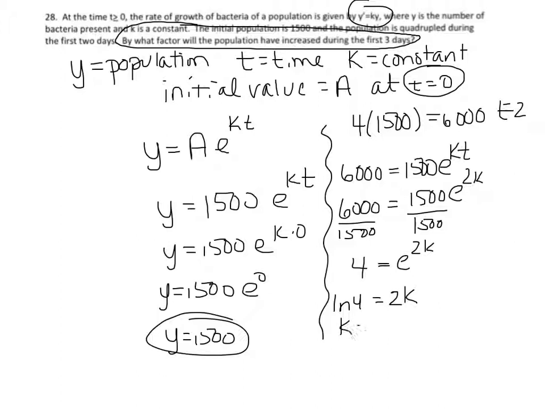And k is going to equal natural log of 4 over 2. Now, that is not the answer to the problem. I don't know if that was one of the multiple choice answers, but we're going to be answering a question about the first 3 days. This isn't information about the first 2 days. So we're going to have to skip screens here. I'll rewrite some stuff at the top and then rejoin you.